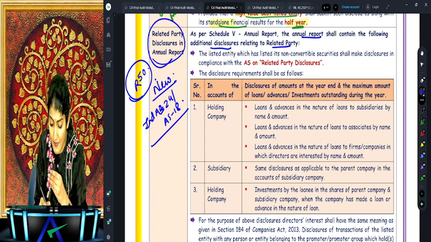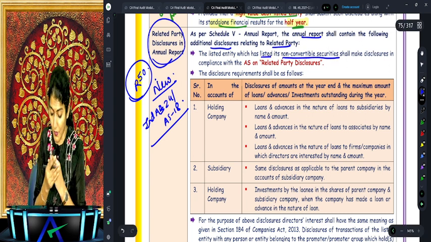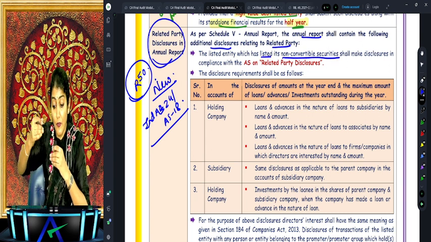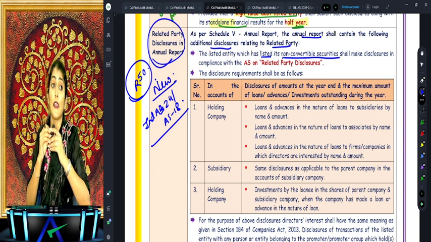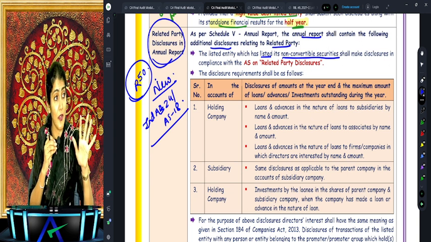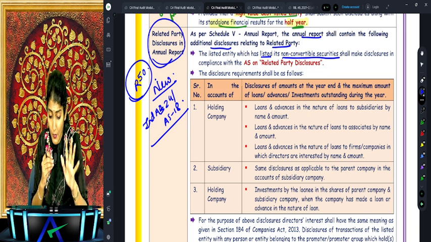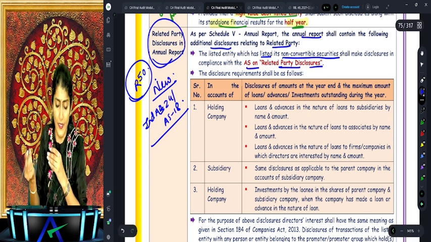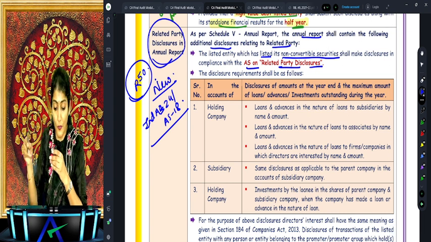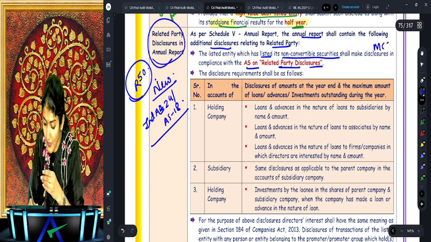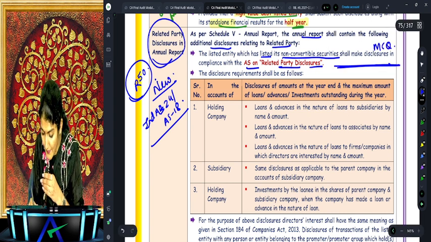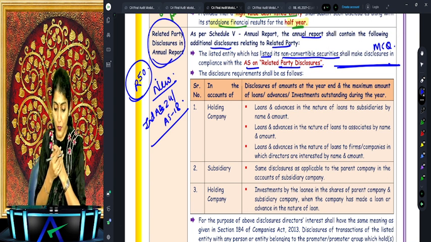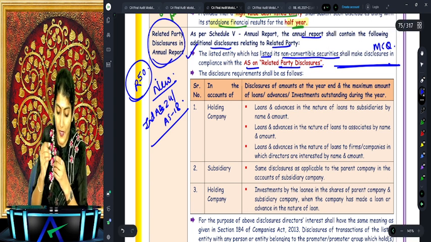A listed entity which has listed its non-convertible securities. See, if you list your non-convertible debt security, then you are an HVDL. Here they are just talking about non-convertible securities, and the entity will also have to make the disclosures as per AS 18 or Ind AS 24. So if you've listed your non-convertible securities, then also AS 18 and Ind AS 24 would be applicable to you.